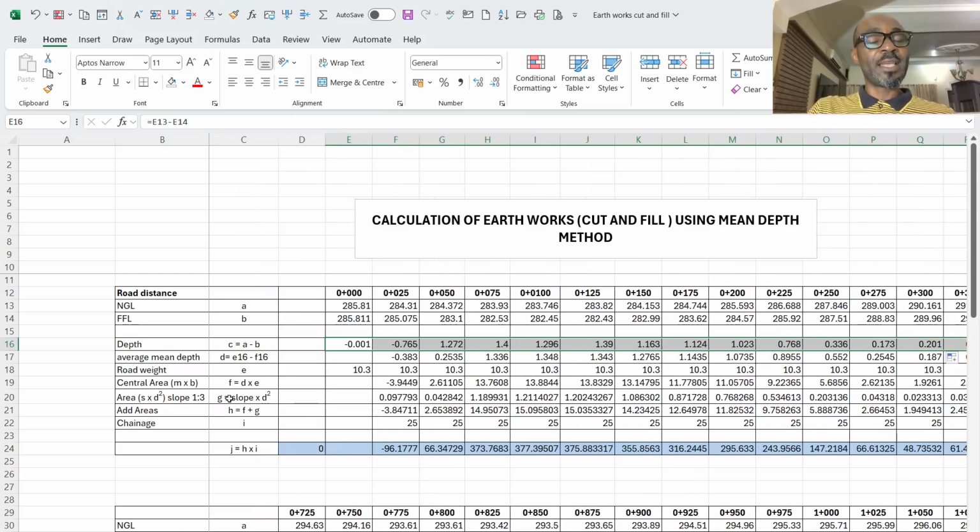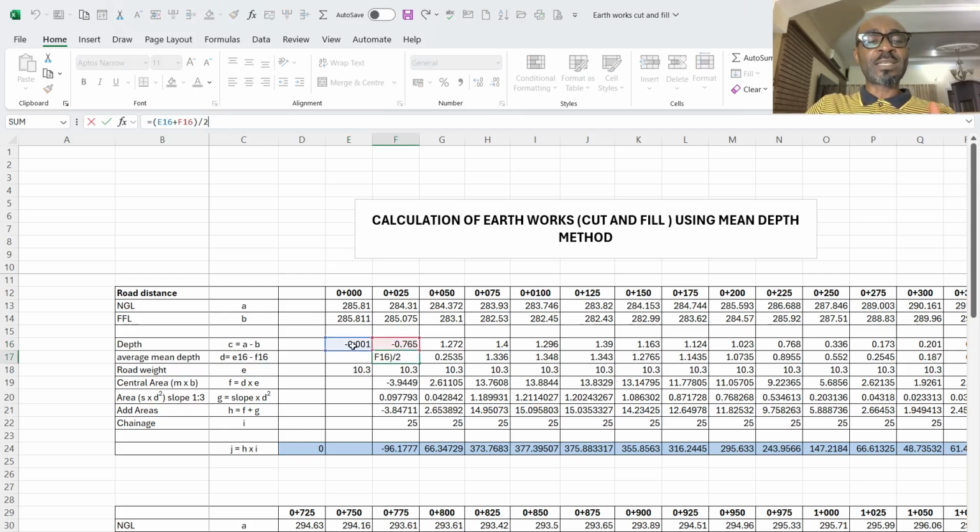Then the next step is now to get my average mean depth. This is the reason this method is called the mean depth. It is now to add the first reading and the second reading and divide by 2 to get my mean depth. So what I did is to add the first chainage and the second chainage reading, then divide by 2.